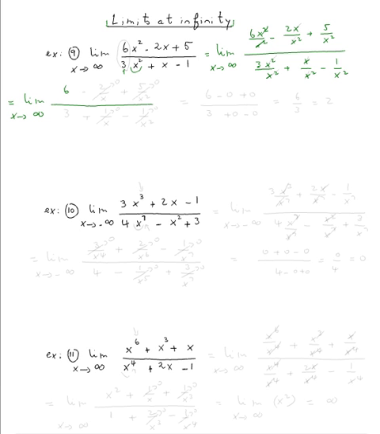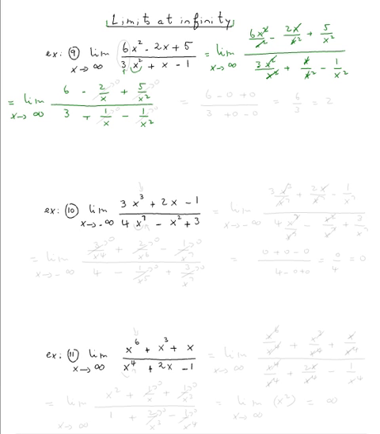Now 1x goes with 1x, so you'll have minus 2 over x plus 5 over x squared. Same thing, simplify x squared with x squared, you get 3, plus simplify 1x with 1x, you get plus 1 over x, and then minus 1 over x squared as x approaches infinity.